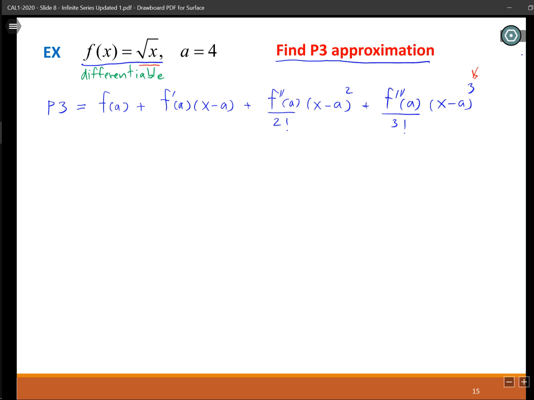So the next thing we are going to do here is to fill some numbers into this formula. And we can see that in this example, we need to build this Taylor series at a certain location, and that location is a equal to 4. So let's put this number into this formula. And as you can see here, we have a right here. Let's change all of these to 4.